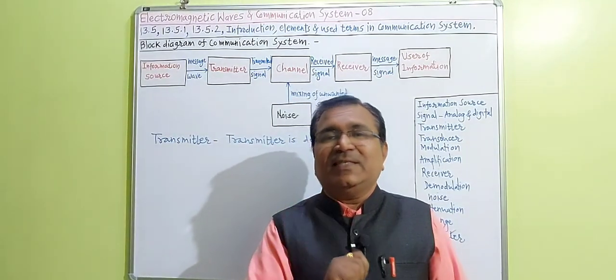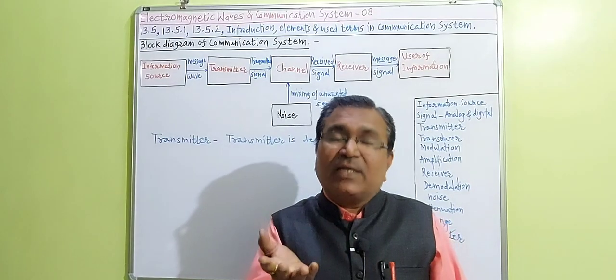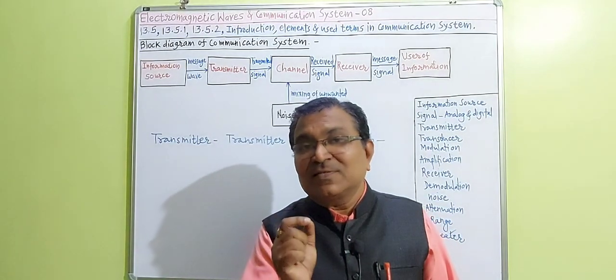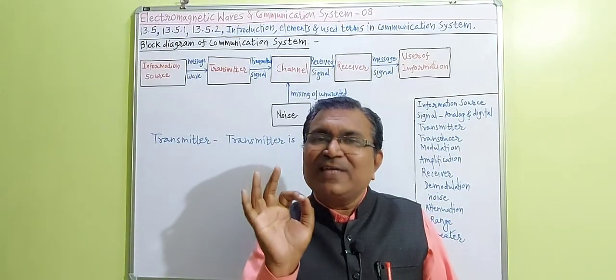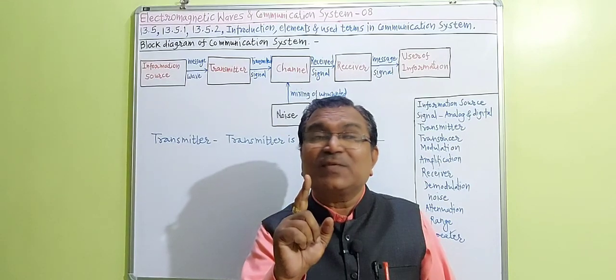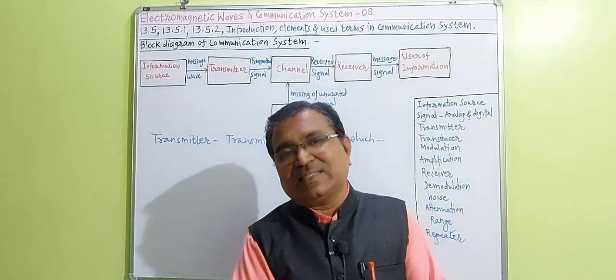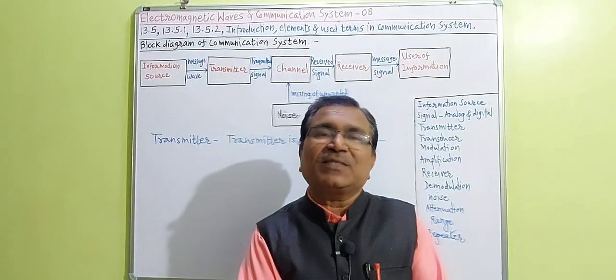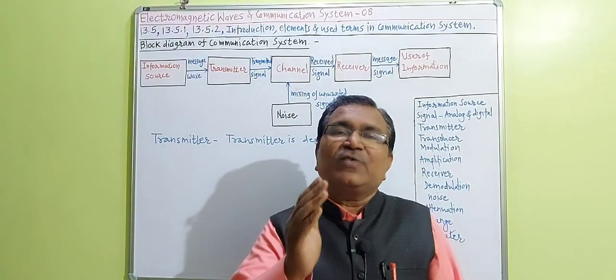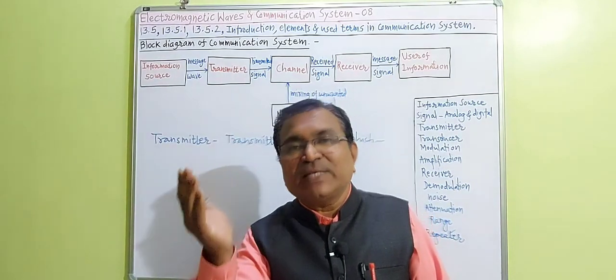The first thing is that I have already discussed, that sound waves and light waves are not able to transfer through a longer distance, and for that purpose such a wave is to be converted into electrical signal.